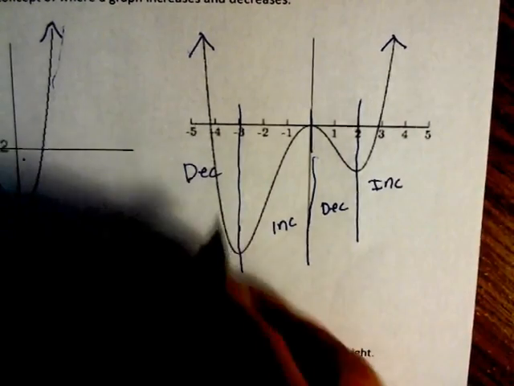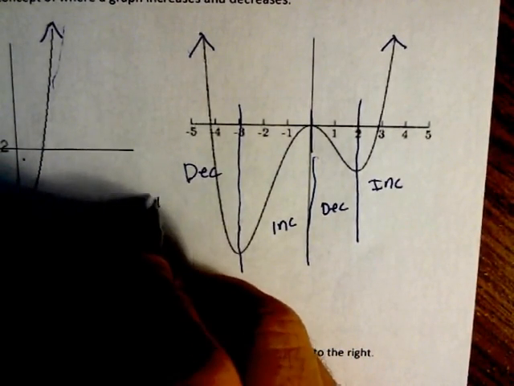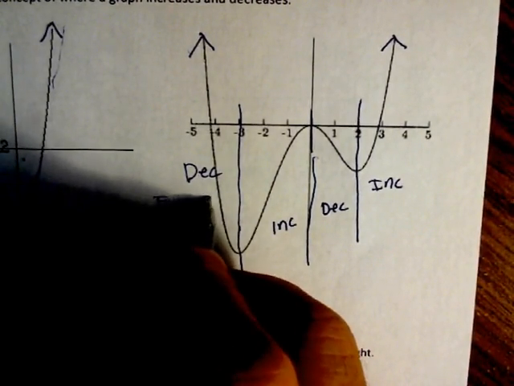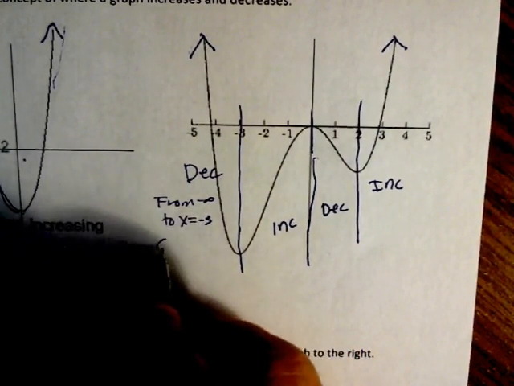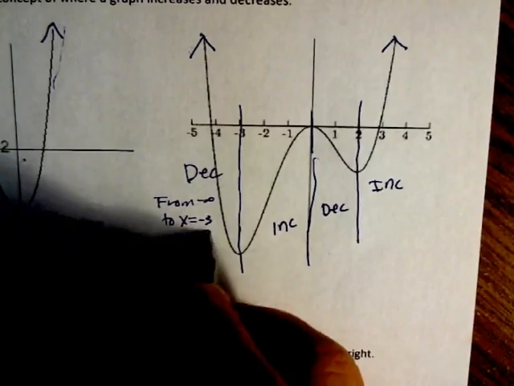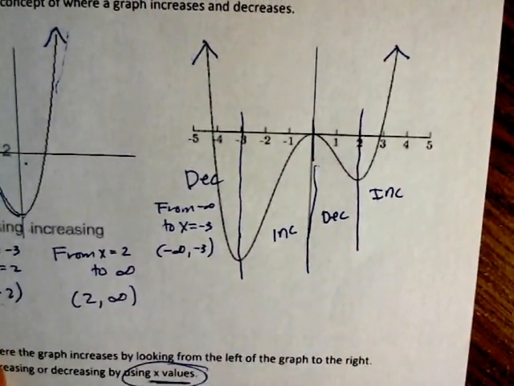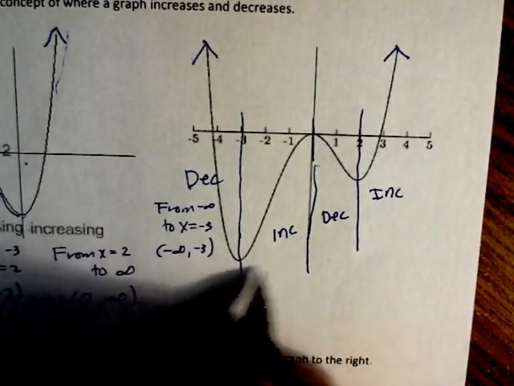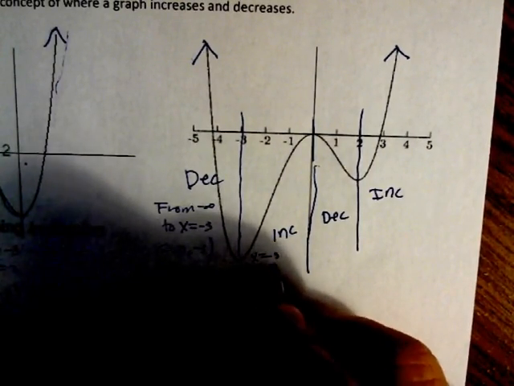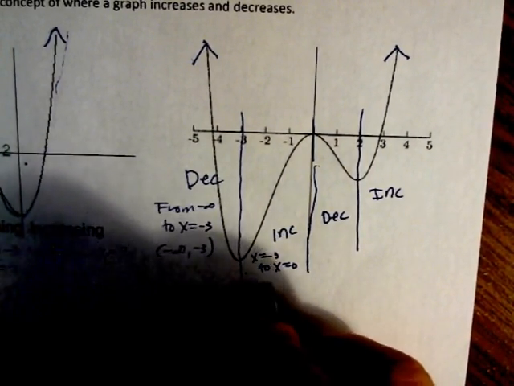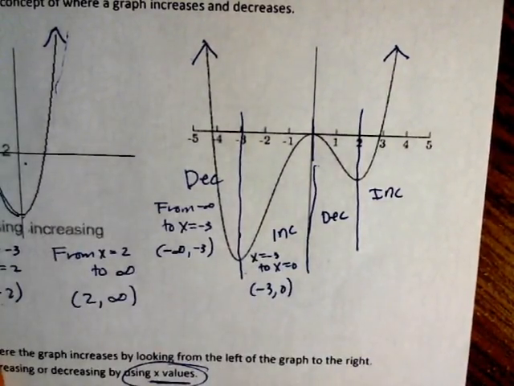So again, it's decreasing from -infinity to x is -3. And we can again write that using interval notation. It's increasing from x is -3 to x is 0. So again, this is not a point, it's an interval.